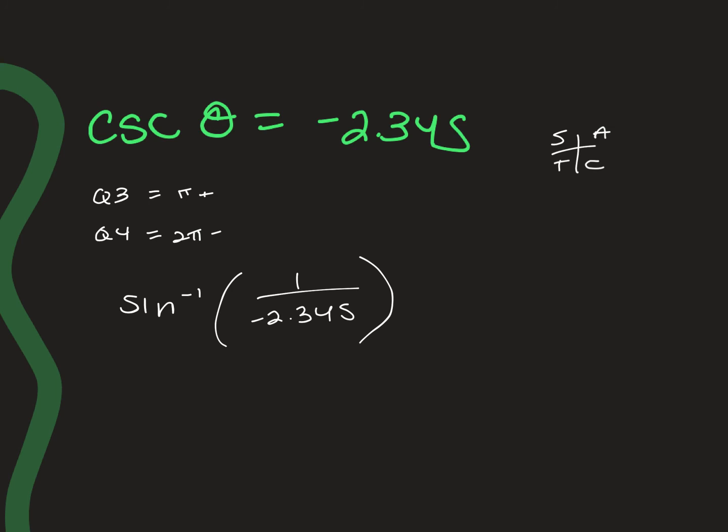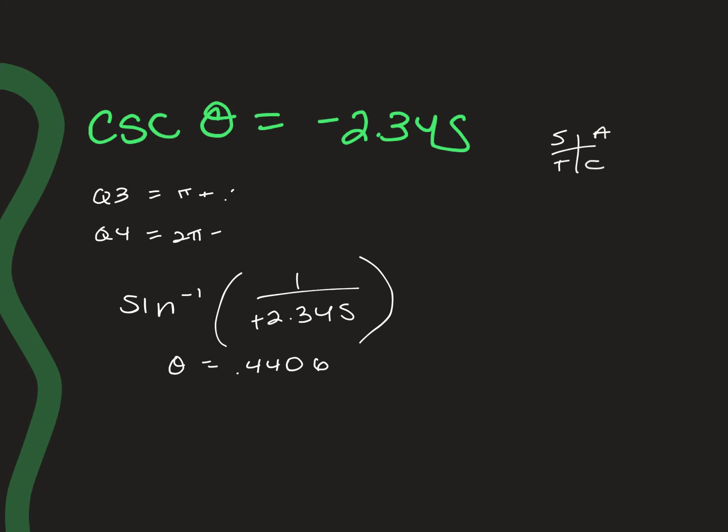So when you're doing the sine negative ones, the sine goes on the outside, and then 1 divided by, I'm going to make this positive just to get the reference angle. 1 divided by 2.345, and I get that theta is 0.44055, so 0.4406. But you still do the negative one. Yep. Because you're still looking for an angle. So anytime your answer is an angle, you're doing the negative ones.